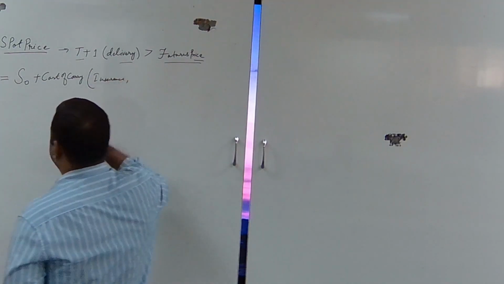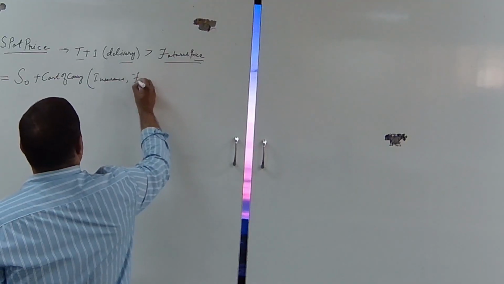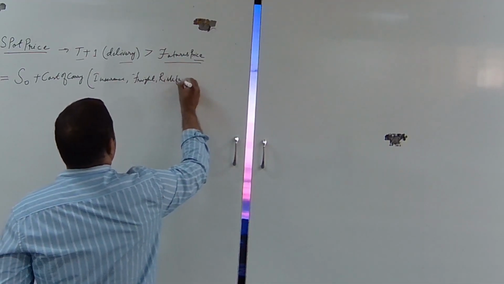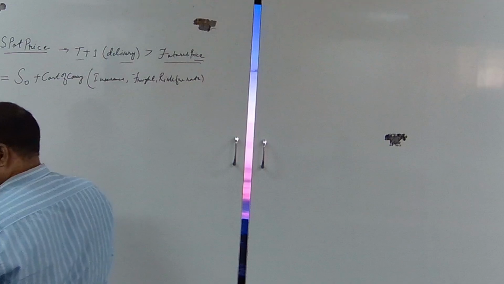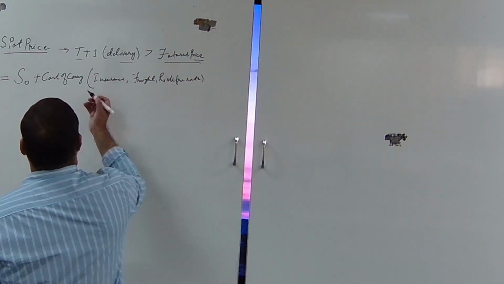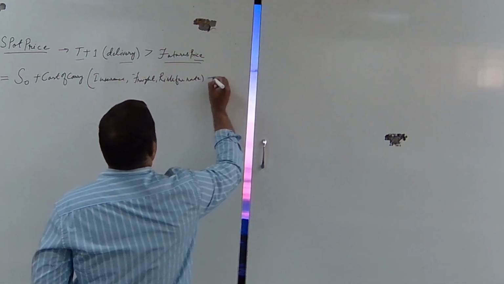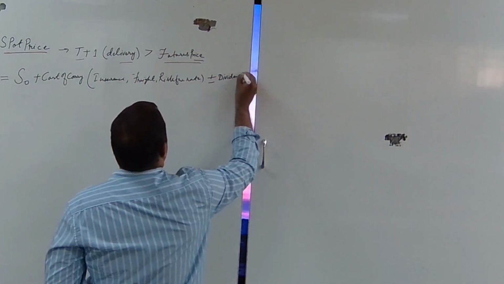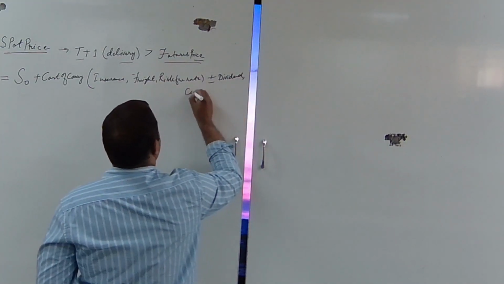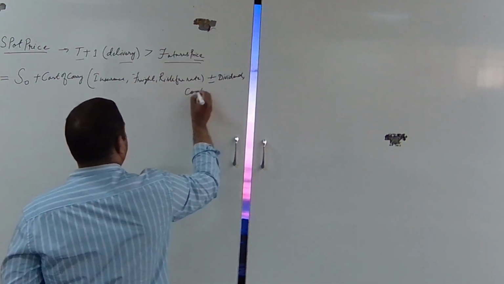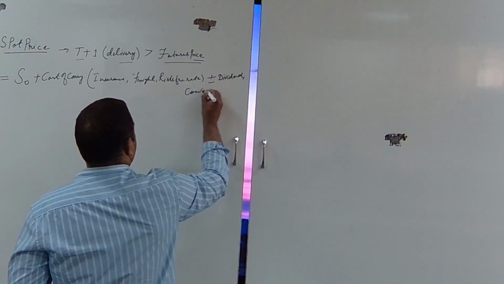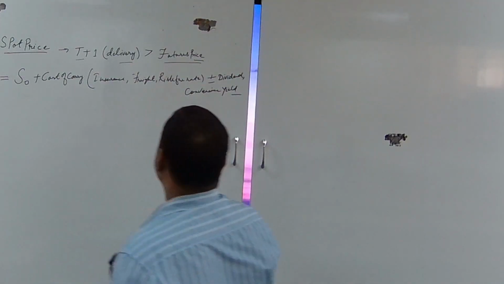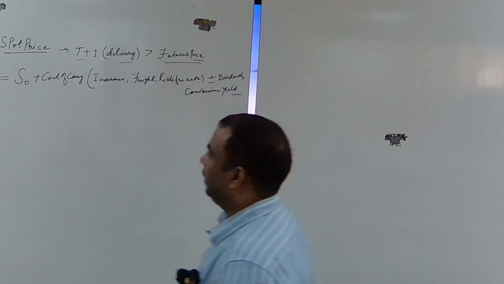Insurance, freight, risk free rate, and your dividend or your convenience yield, okay. So generally we have a formula.